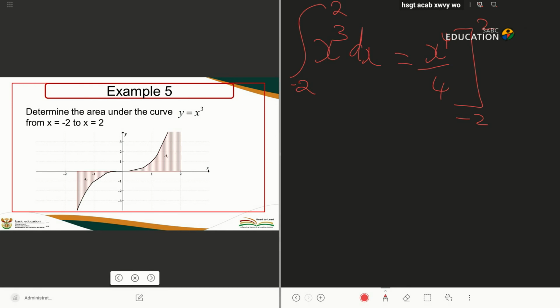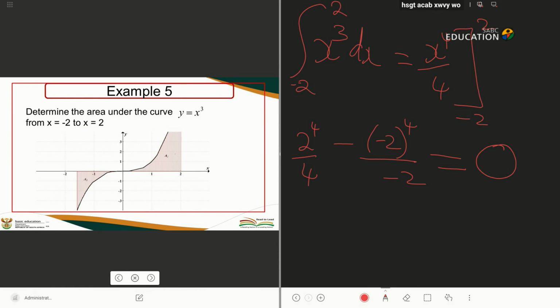If we do the substitution, this will be 2 to the exponent of 4 over 4 minus negative 2 to the exponent of 4 over 4. When you do the calculations, this is going to give you 0.